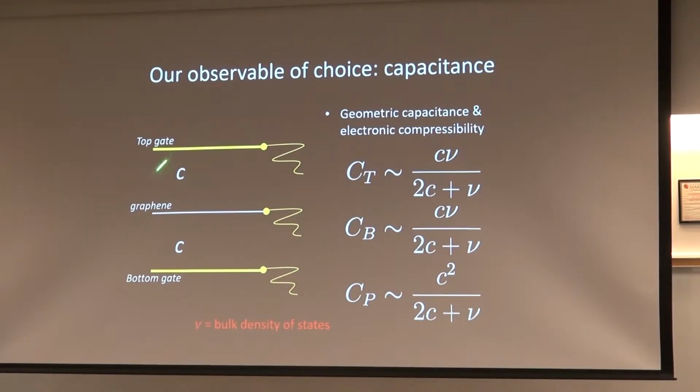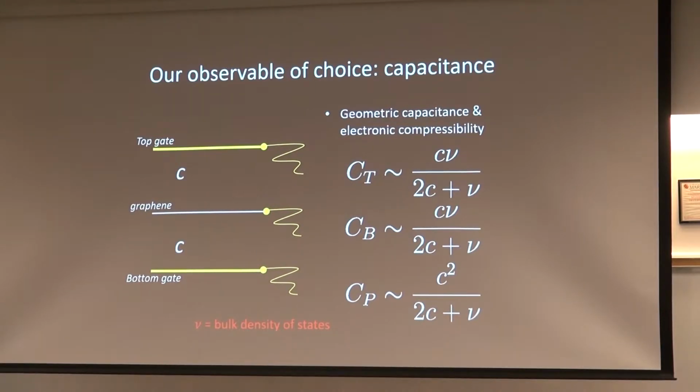And as a function of the geometric capacitance between these two and the density of states of the graphene, you'll find that, in fact, you can derive these formulas which tell you that when you measure the top gate capacitance, for example, you are sensitive to this density of states. And the reason for that is relatively simple. Capacitance is basically measuring the energy cost of moving charge around a system.